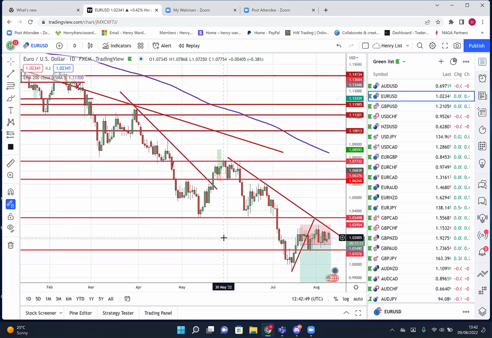I don't see any reason for this to continue going down. Looking at that, I'd expect it to pop to the upside, if I'm being honest. Would anyone disagree with that? Does anyone expect Euro USD to continue going down, dollar to continue getting stronger?